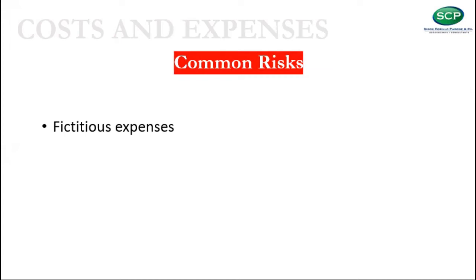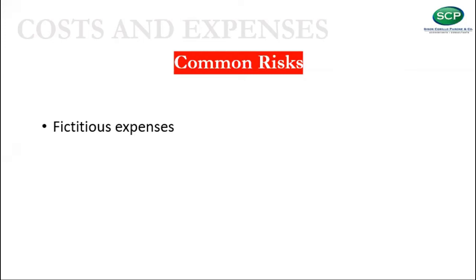There had also been cases where employees charge personal expenses to their company. In other words, fictitious expenses can come from various sources. So this is something we should always be alert for, yung mga fake na expenses.